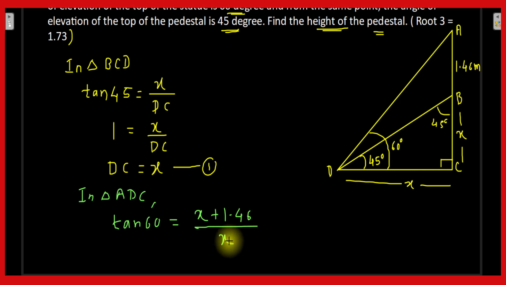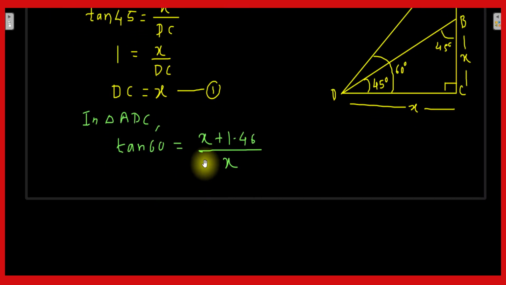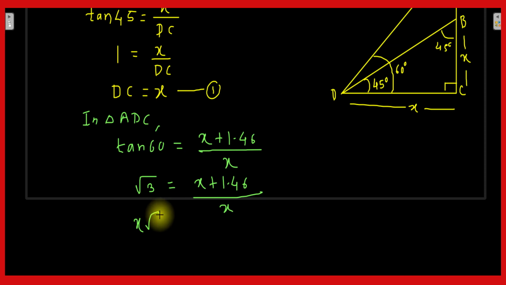Now friends, the value of tan 60 is root 3. Root 3 is equal to x plus 1.46 upon x. Now take x to this side, so it will be x root 3 is equal to x plus 1.46.